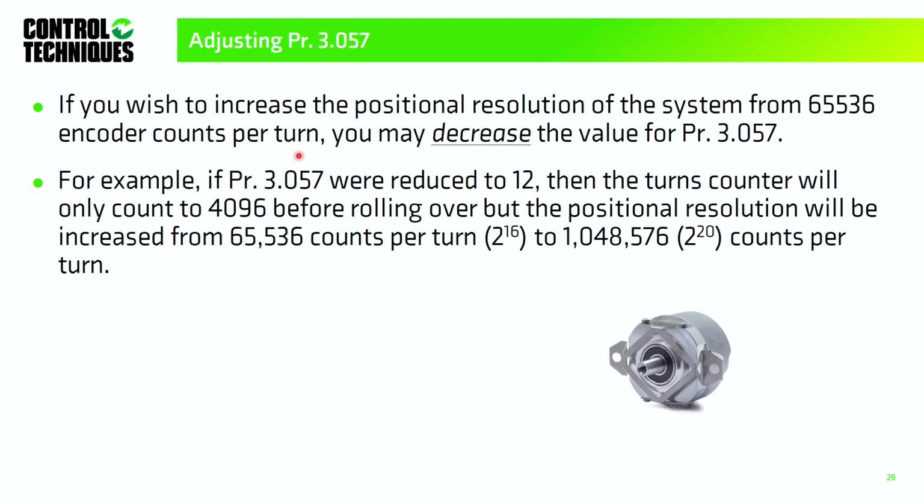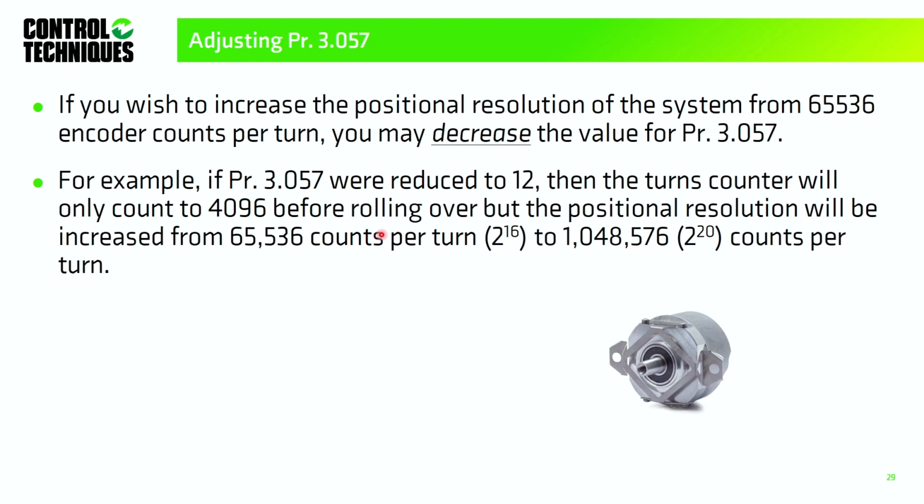Now, 65,536 counts per encoder turn is pretty good. That's pretty good resolution. However, you can make it better. And you do that by decreasing the turns counter bits in menu 3, parameter 57. So again, most absolute encoders are 12 bits. So it'll count to 4,096 before rolling over. And the positional resolution will be increased now from 2 to the 16th to 2 to the 20th.